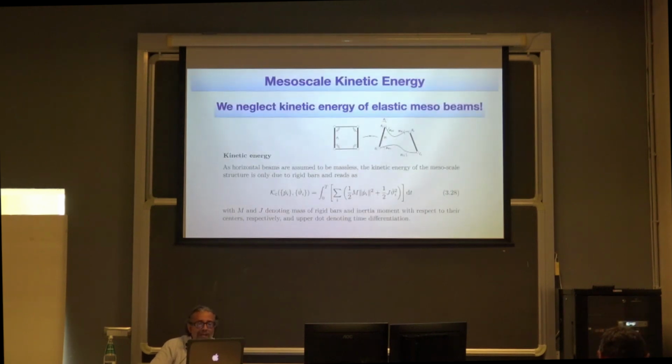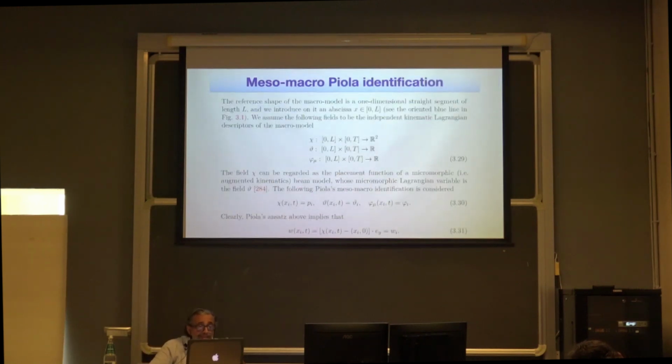The idea of Gabrio Piola, okay, this is the kinetic energy. We started assuming there is no mass of the flexible beams. This means that they are negligible, okay? Then, following the meso-macro Piola identification, we postulate there is a field chi, a field theta, a field phi, and chi of xi is equal to pi i, theta of xi is theta i, and phi of xi is phi i.